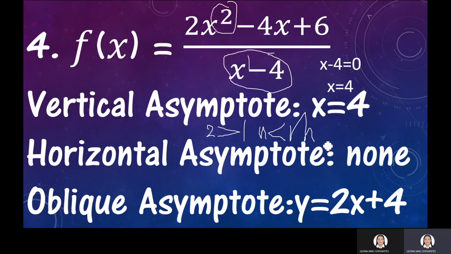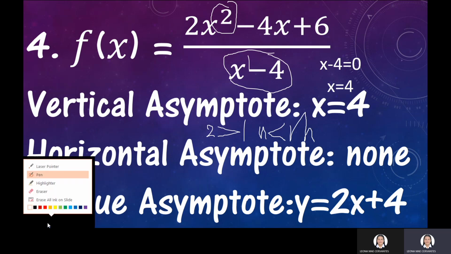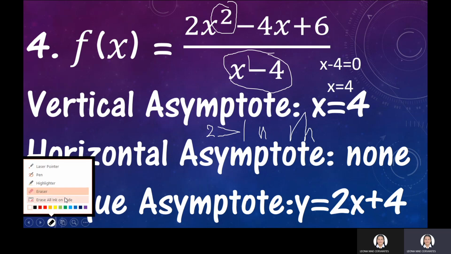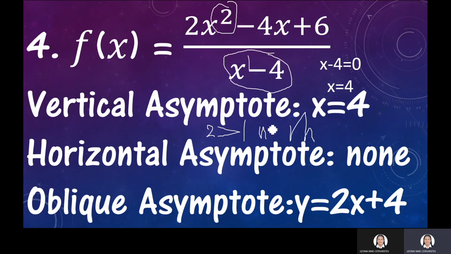Okay? 2 is greater than 1. Therefore, n is greater than m. So, if n is... Oh, sorry, baliktad. If n is greater than m, so horizontal asymptote, none. Then, magkakaroon tayo ng oblique asymptote.